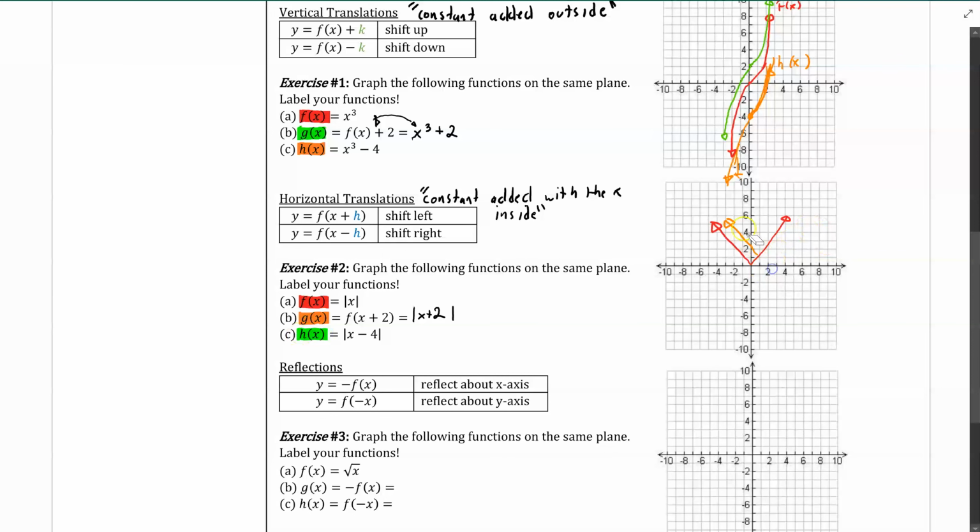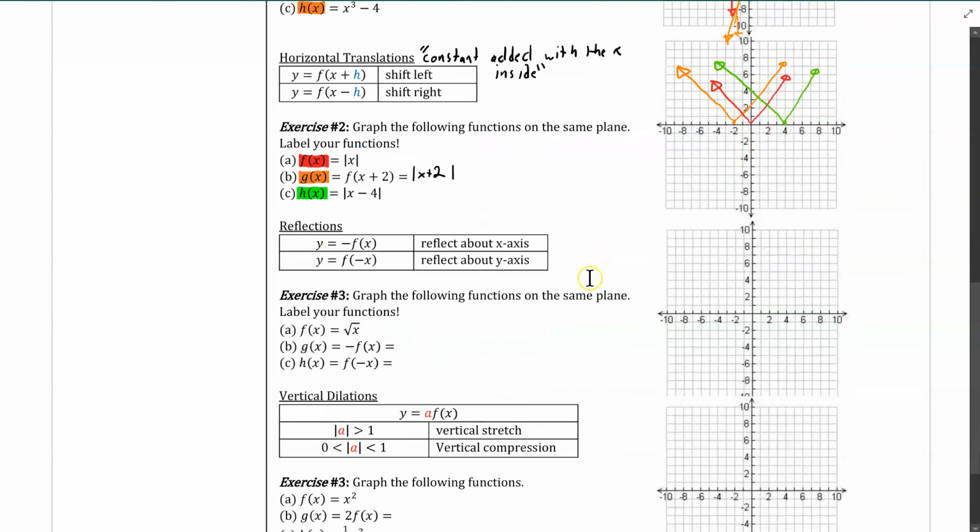I even said left 2, and then I drew the orange graph to the right. There we go. That's left 2, silly Mr. Fan. Now we have the green function, h of x equals absolute value of x minus 4. So this will move right 4. And that's that.